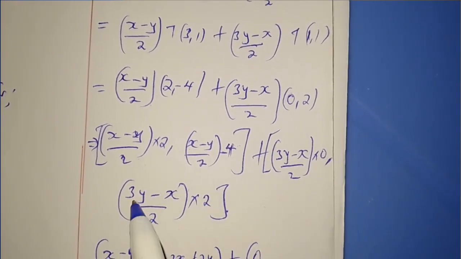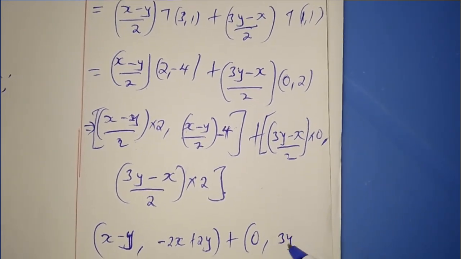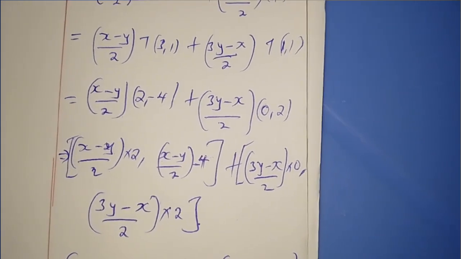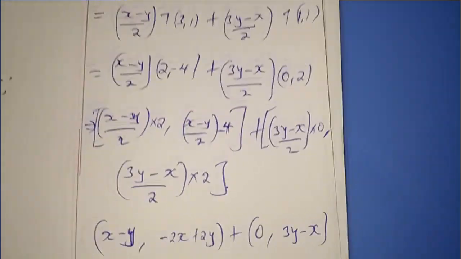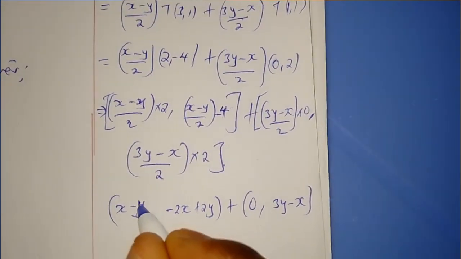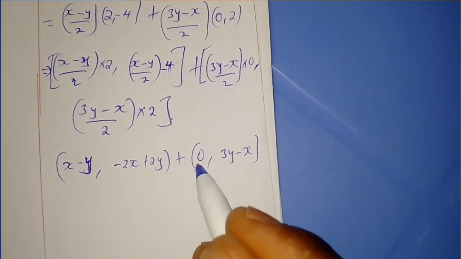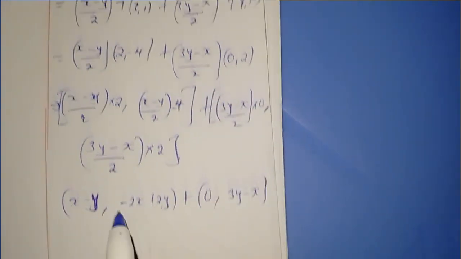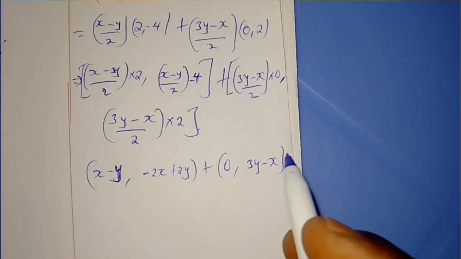Then this times this, the 2s cancel, and we remain with 3y − x. So now we just do simple addition, x coordinate with x coordinate, and y coordinate with y coordinate.